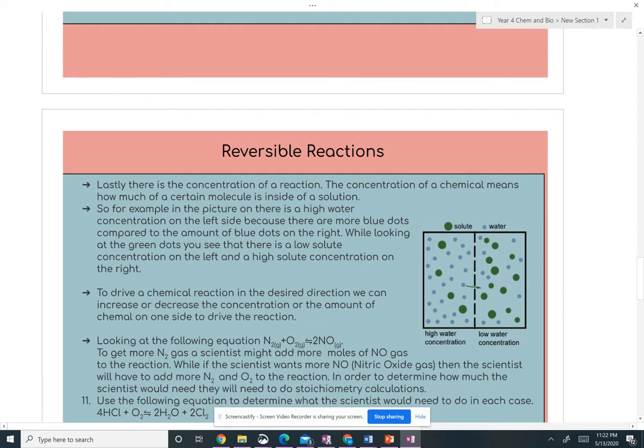And if I have a high concentration, right, so in this case, on this side, I have a high concentration of water. That means that I have a bunch of these little guys in here, and all of these water molecules mean I have a very high amount on this side compared to this side.